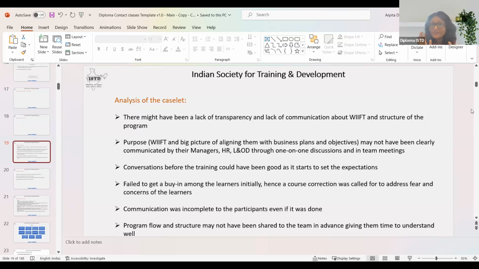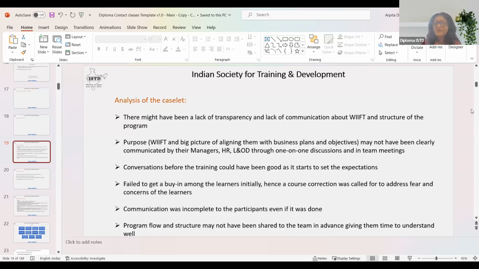Maybe that was not done. And these are the senior folks we are talking about, mid-management, senior leaders. They come with loads of experience, and you cannot play with their time. Please remember that. So therefore, pre-session activities and creating that energy and vibe and building that clarity is very important.